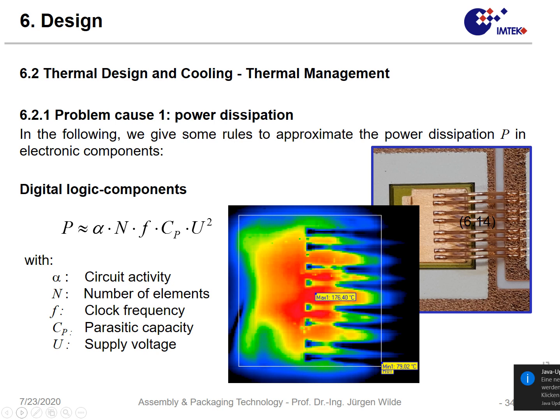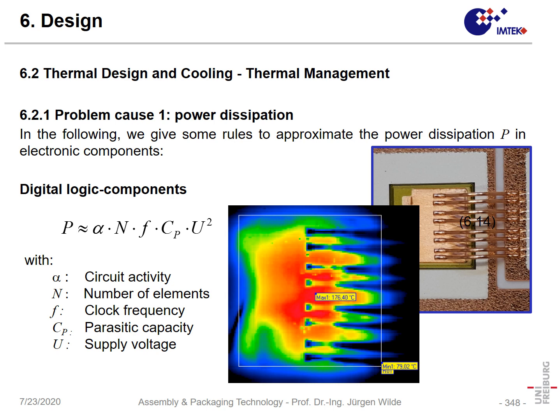As we can see here, this is a power device, which is a very modern IGBT, and that device has very high currents, as we can see from these many thick copper wires which interconnect that device.